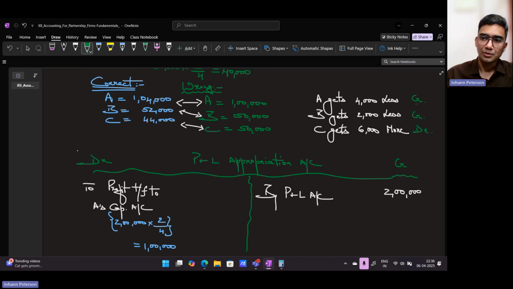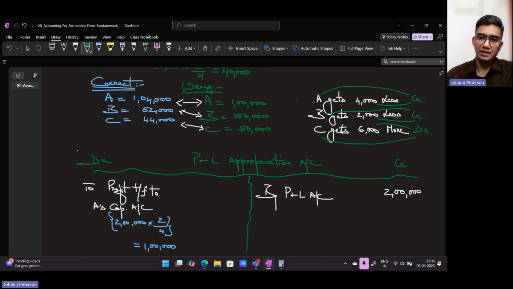And if we make the journal entry, it comes out to be the same. C's capital account debit by 6,000, A's capital account credit by 4,000, B's capital account credit by 2,000. So this is our answer.